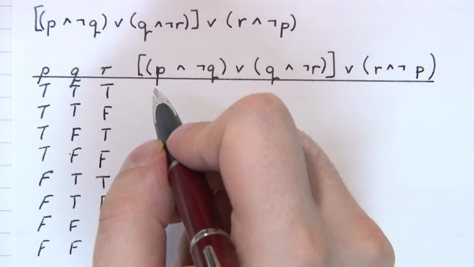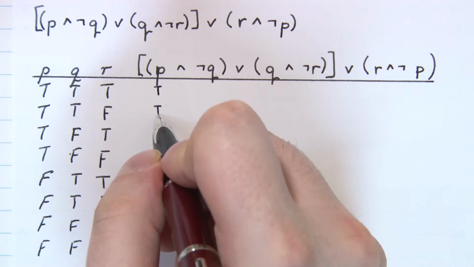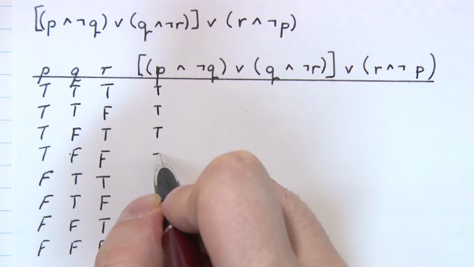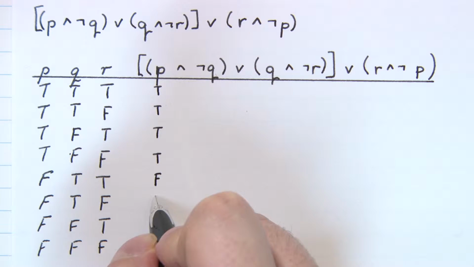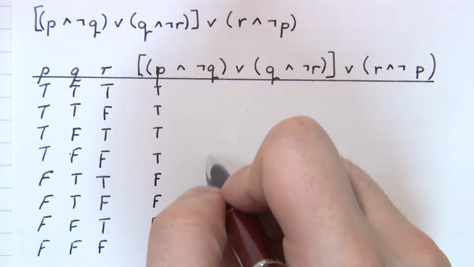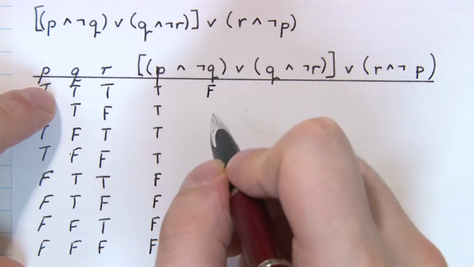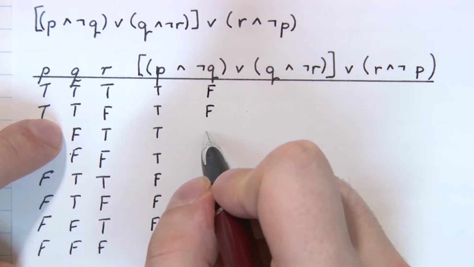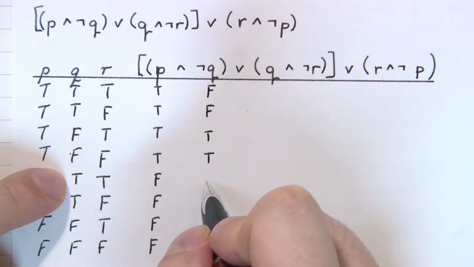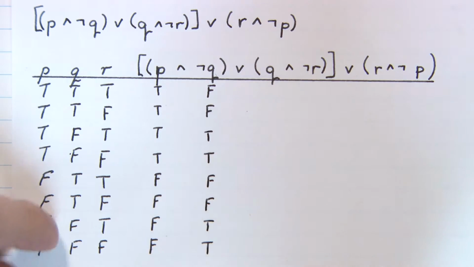Okay, so I'm going to copy out the P's again right here: true, true, true, true, false, false, false, false. In this column, I'm going to do the negation of Q, so that's false, false, true, true, false, false, true, true.